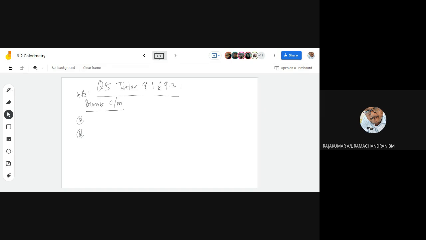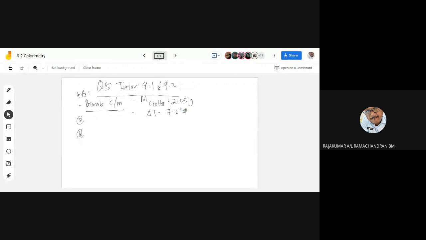So this is where we are going to use our concept bomb calorimeter. So we check what are the other info given. One, we know it's a bomb calorimeter. Second one, they give you the mass of naphthalene. Dia bagi 2.05 gram. Then what else they give? They give the temperature rises by 7.2 degrees Celsius.